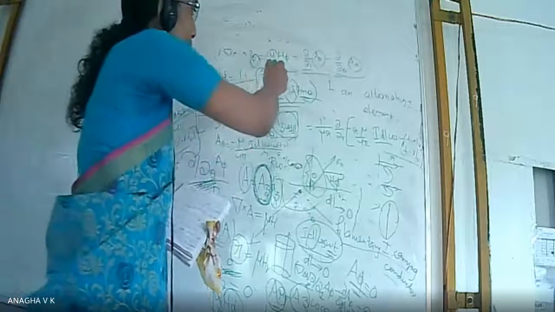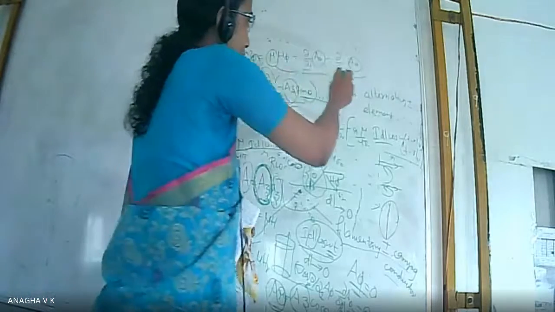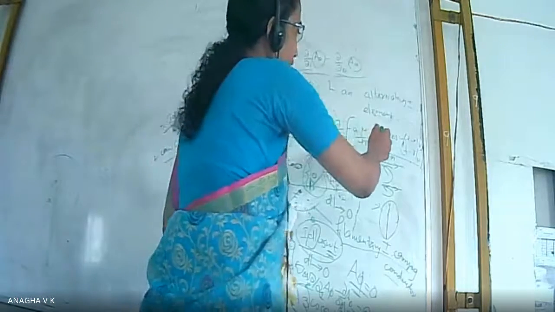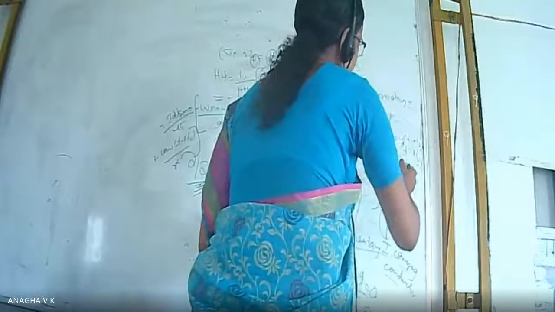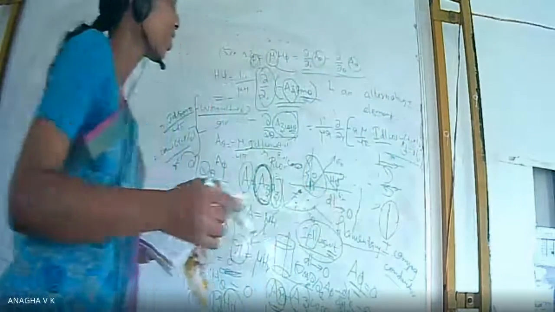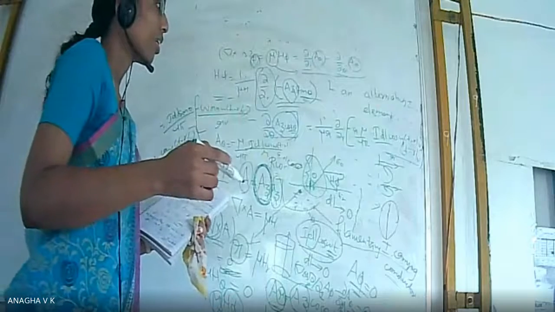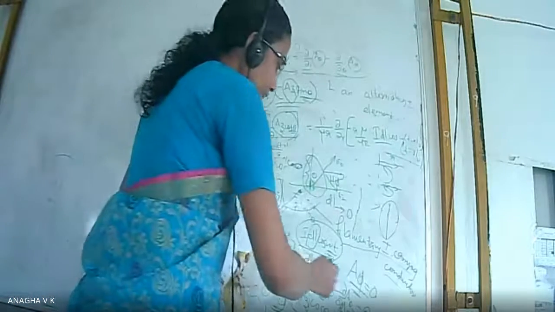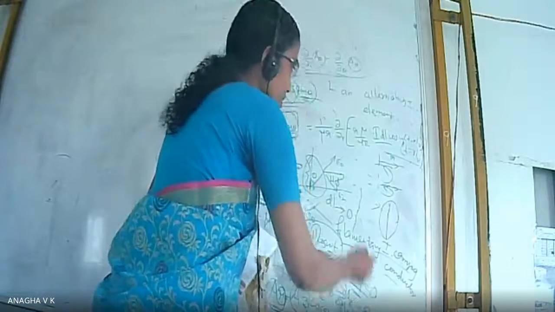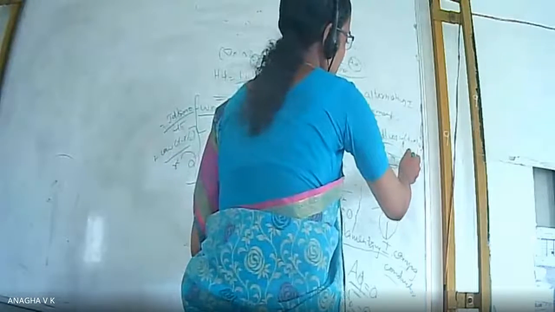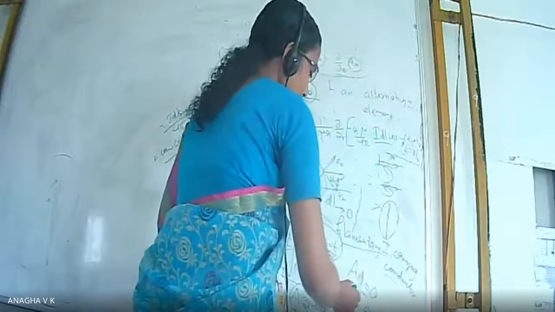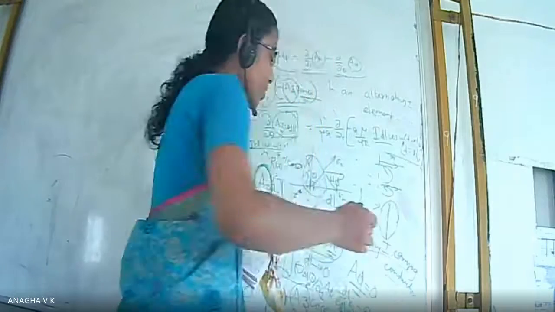You substitute A_theta. A_theta equal to A_z sin theta, and A_z is nothing but mu I dl cos omega (t minus R by v) by R. So A_theta is that into sin theta.